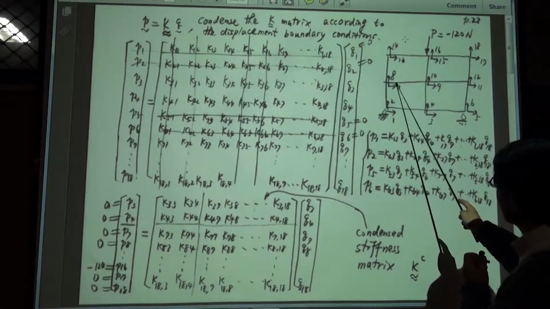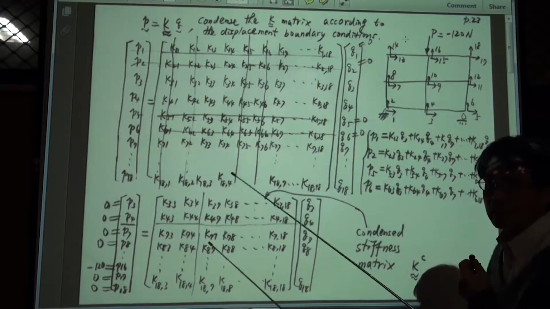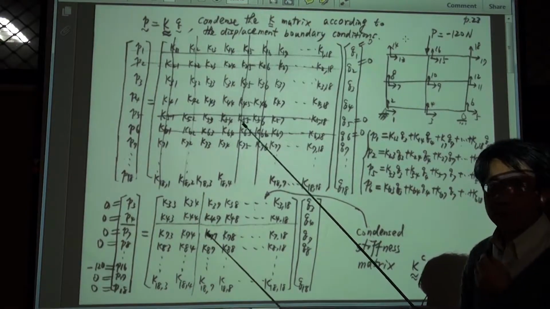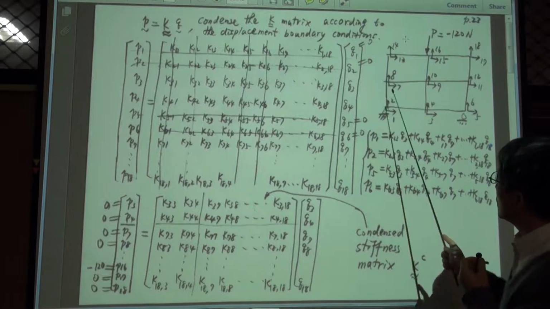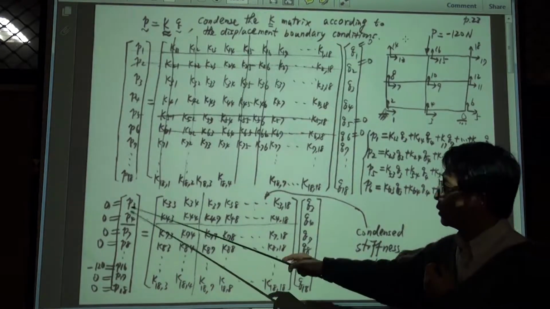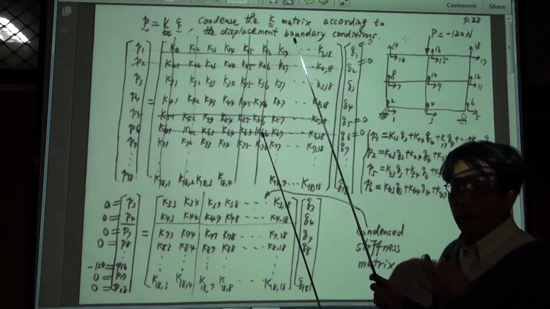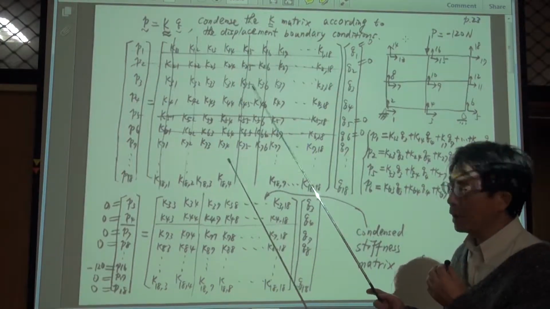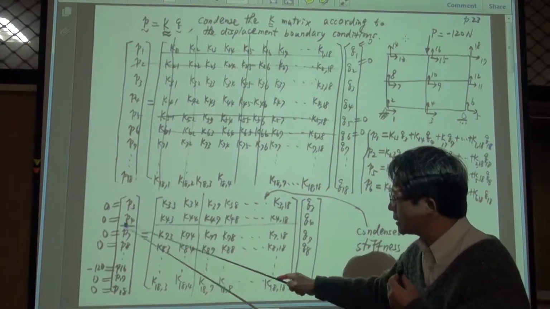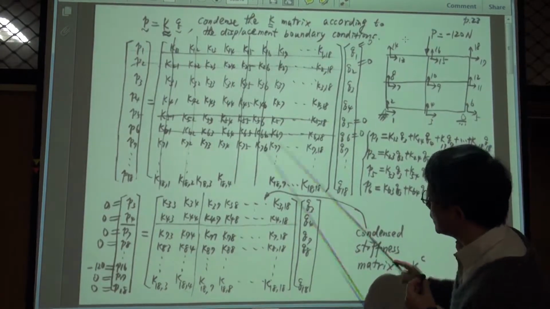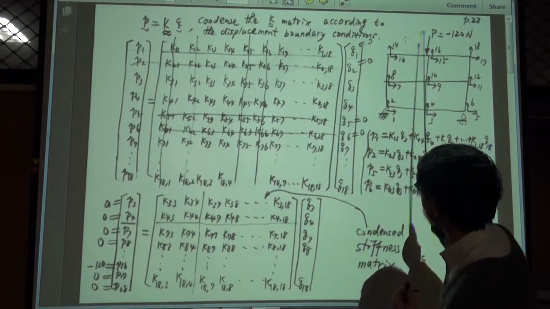Because nodal forces are the resultant forces, so every material point is in equilibrium. So the nodal forces at this point and this point are all equal to 0 except this one.